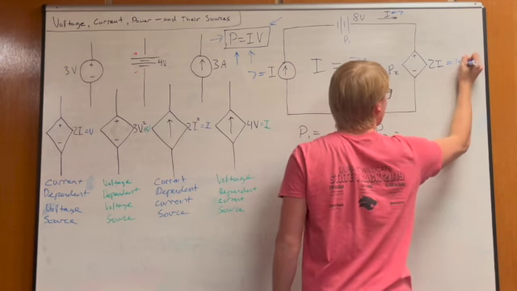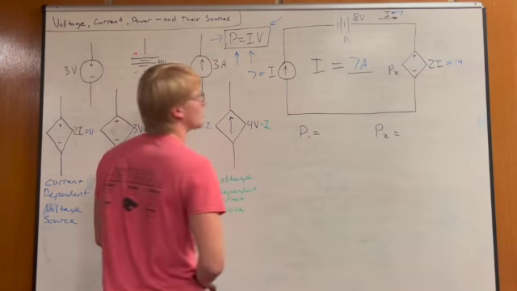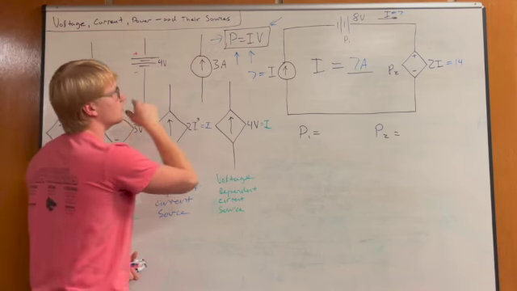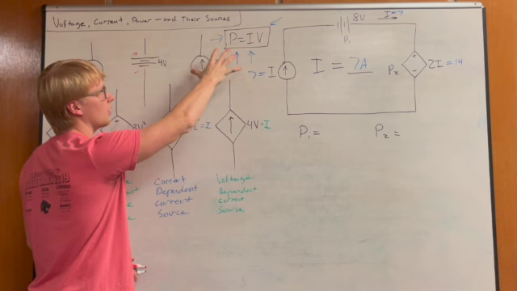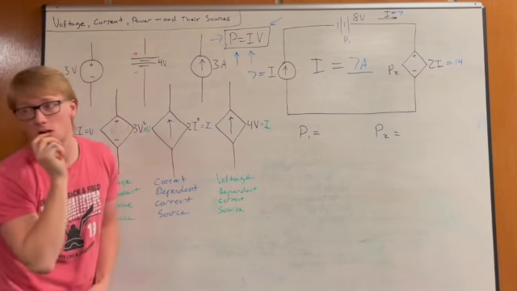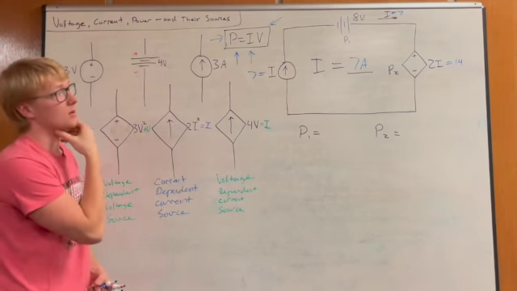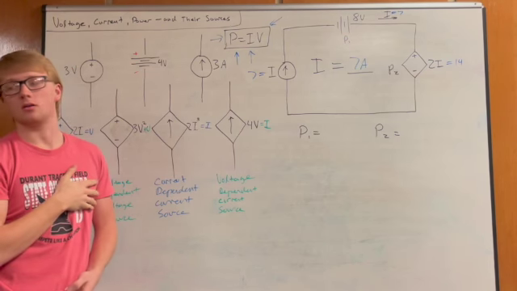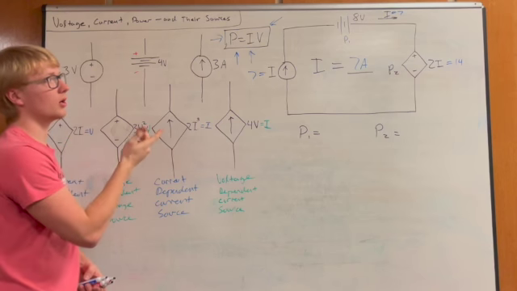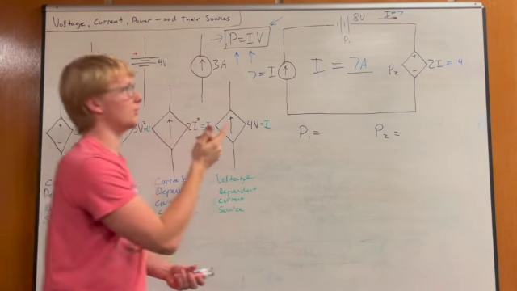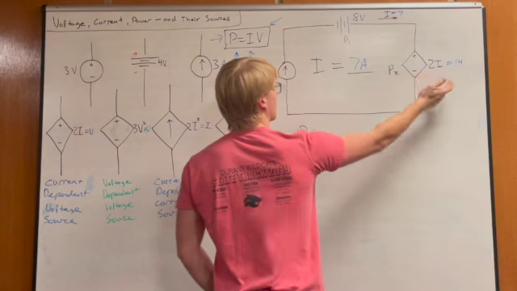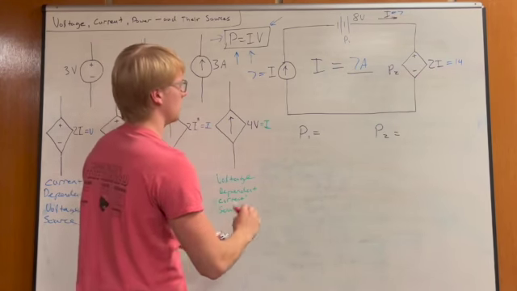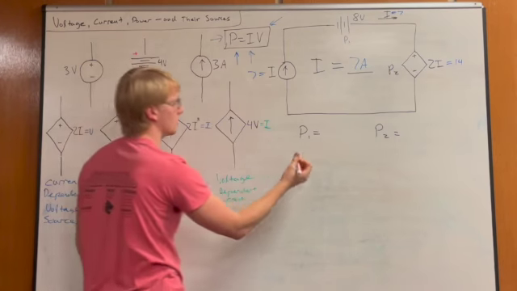There you go. Now, would that be negative 14, because it goes in the positive and out the negative? No, the current is just 2 times whatever. Oh yeah, that's right. It's current.